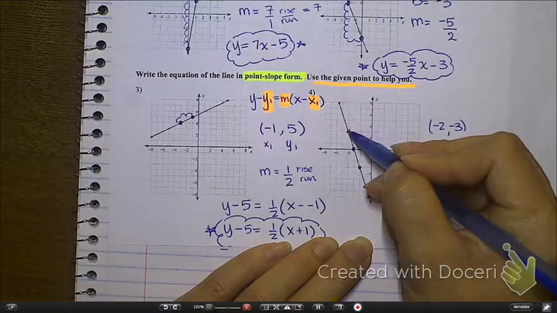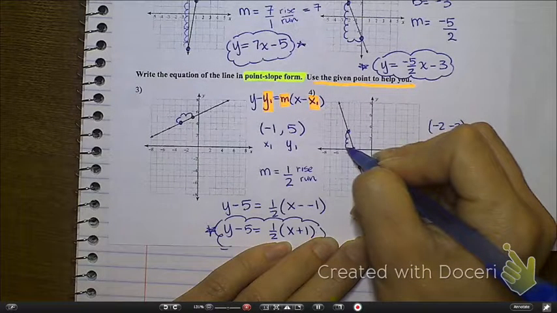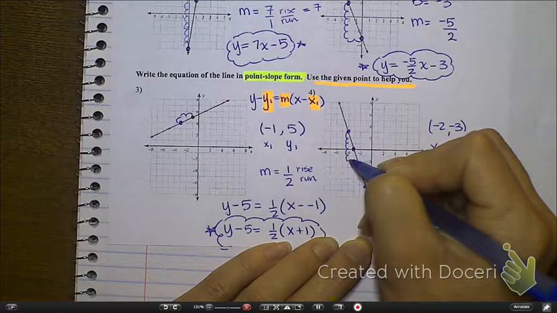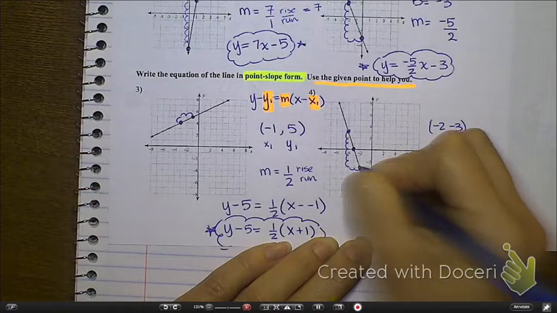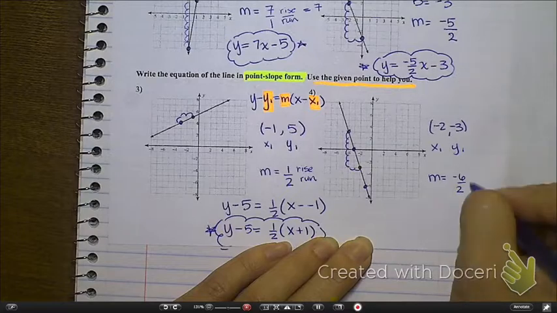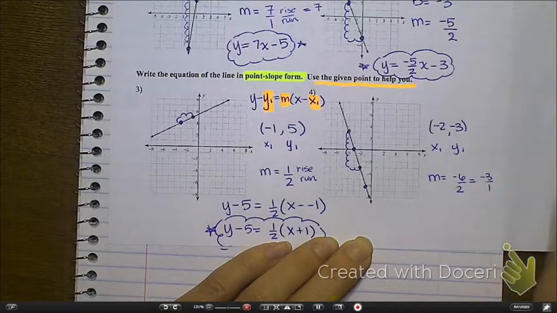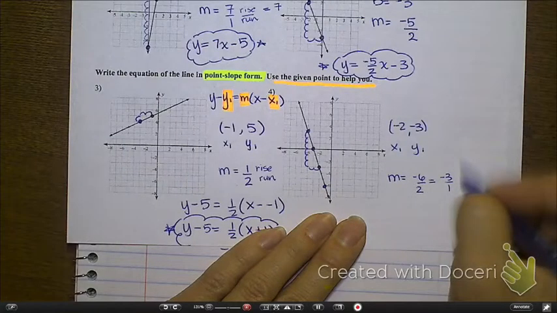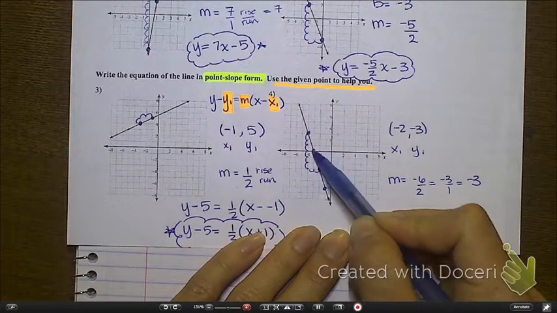Look, say I put it here, and I'm going from here to here. What's my slope? My rise is going down how many? 6. What's my run? Over 2. Now, what does that reduce to? -3/1, which is really just what? -3. Now, what if I had found it between these 2 points?